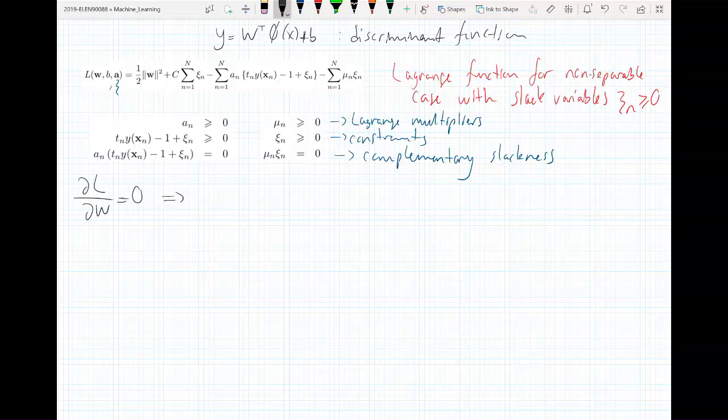So when I take the derivative, this will become W minus, since y has a W, the sum over n of a n, t n, phi of xn. So this is y of x.